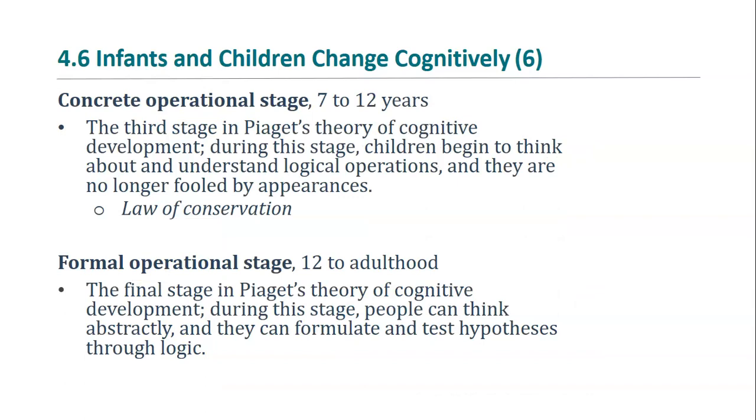The third stage is the concrete operational stage, which lasts from approximately 7 to 12 years. In this stage, children understand the law of conservation and are not fooled by those centration problems that we just discussed. Therefore, they are able to understand concrete ideas and actions in the world.